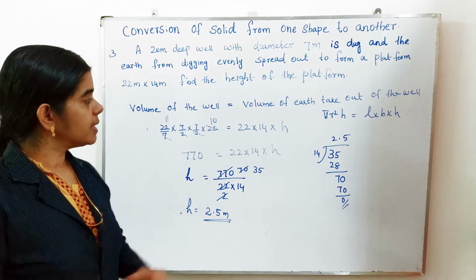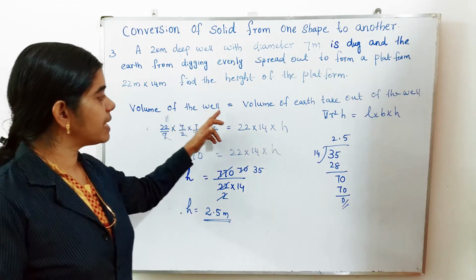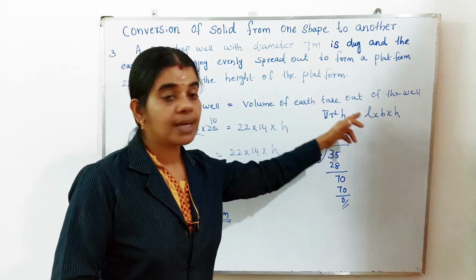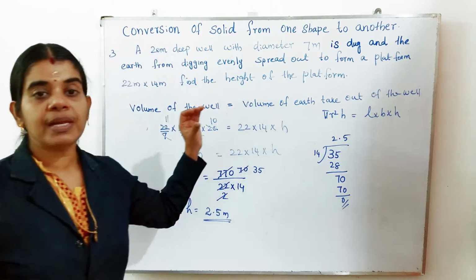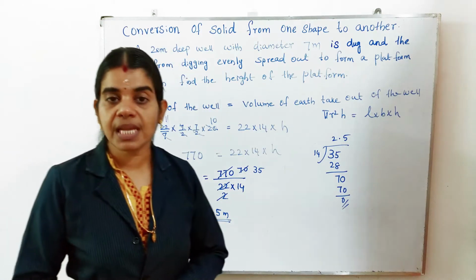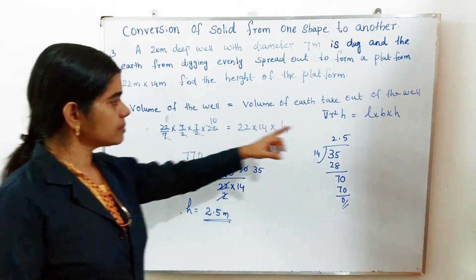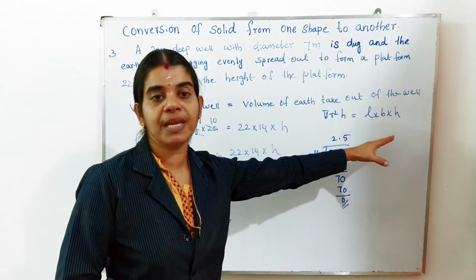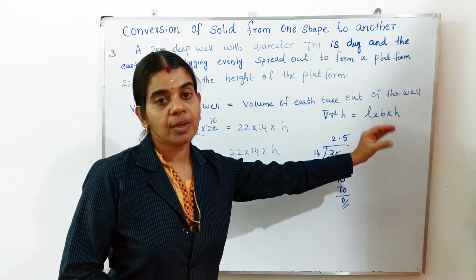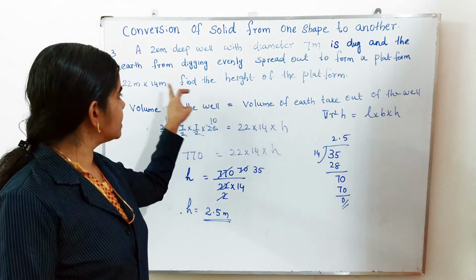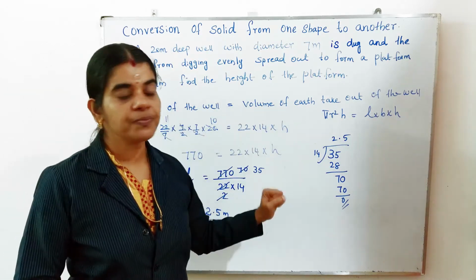Clear? Then we write that the volume of the well is equal to the volume of the earth taken out of the well. The volume of the well is in the shape of a cylinder, so pi r square h is equal to L into B into H. Platform will be in the shape of a cuboid. Length and breadth are already given, height only you want to find out.